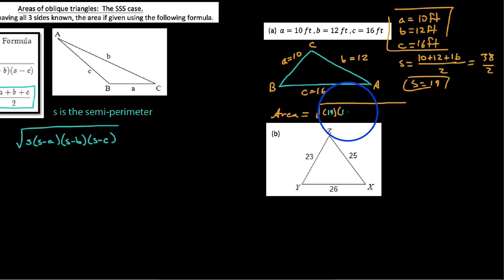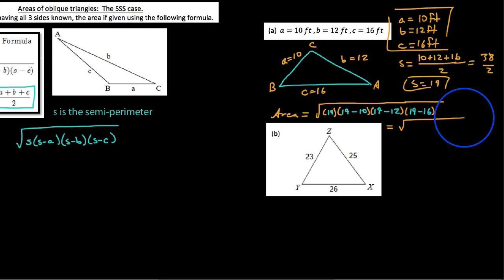So 19 minus 10, 19 minus 12, and 19 minus 16. I always recommend that we simplify this. 19 minus 10 is 9, 19 minus 12 is 7, and 19 minus 16 is 3.